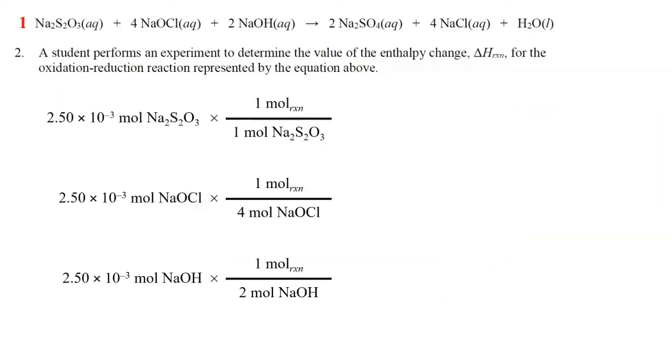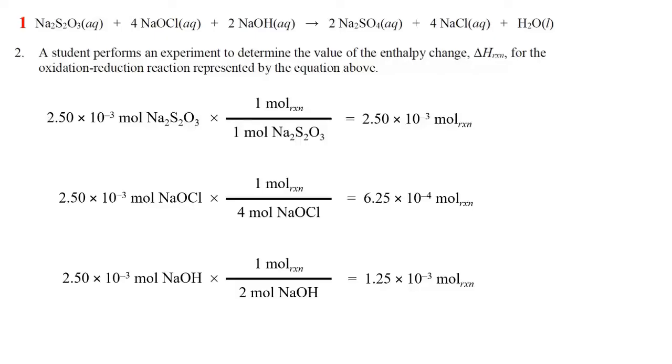Now for the other reactants, which are sodium hypochlorite, NaOCl, and sodium hydroxide, NaOH, I have coefficients of 4 and 2. And it's going to be 1 mole of reaction for every, and I can look at the coefficient. So looking at these 3 calculations, I'm dividing by 1, dividing by 4, dividing by 2, because those are the coefficients that are connected to 1 mole of reaction.